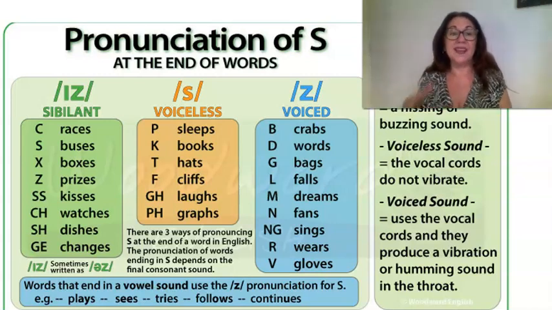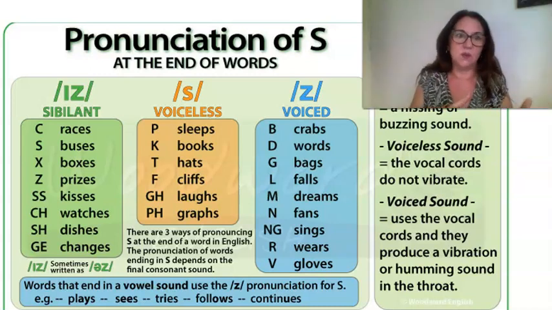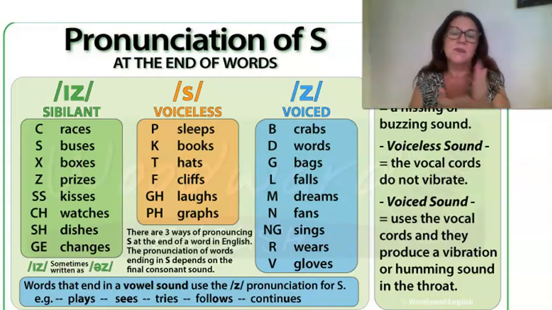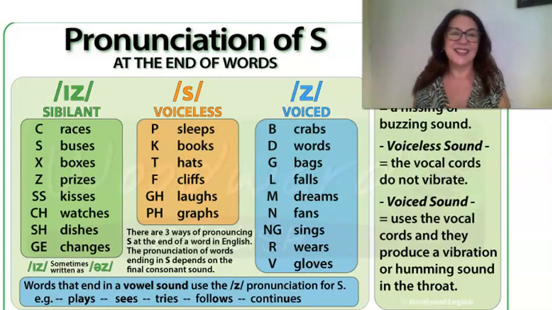So, in order to make it clear that after this sound there is a sound S, I need the E in the middle. So, I say races. I cannot say race-S, race. Doesn't make any sense, right?